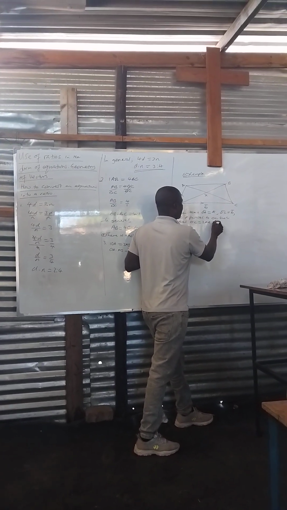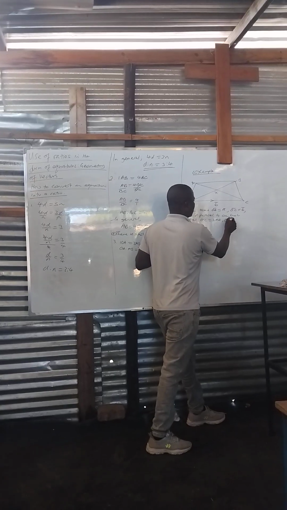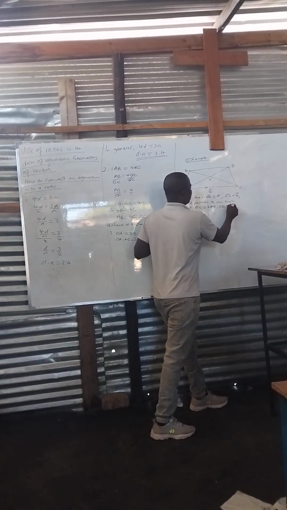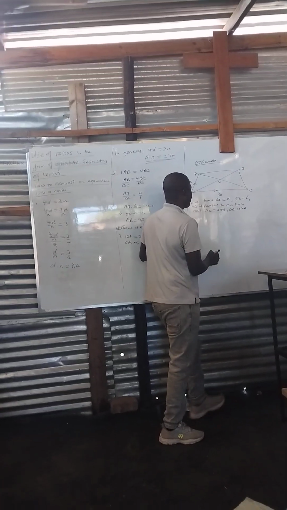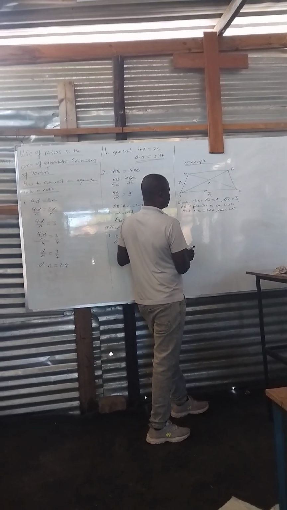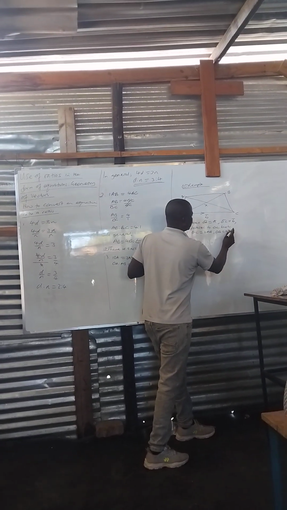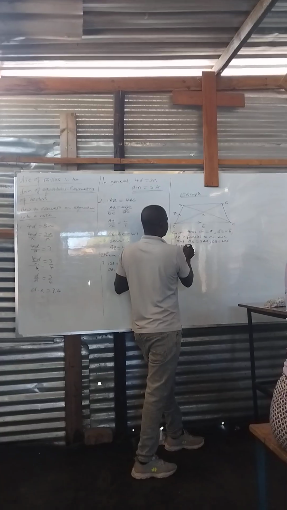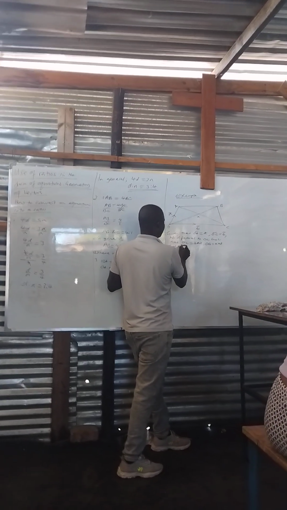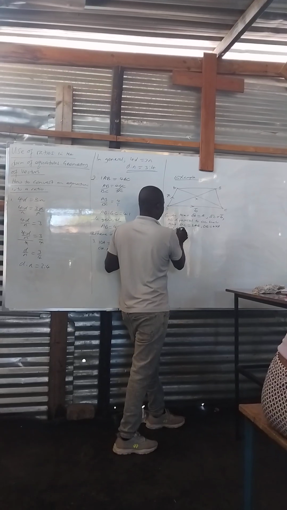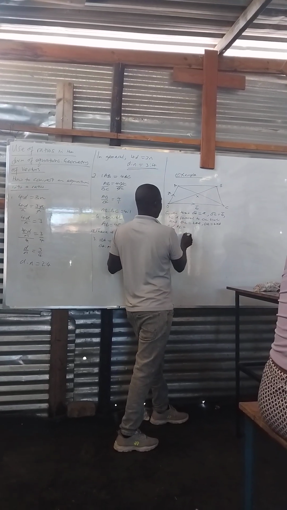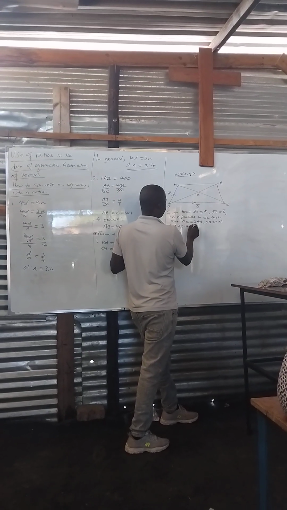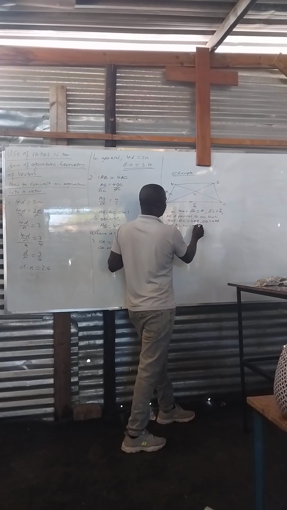OB is 4 XB. And AC is to AX is equal to 4 is to Y.